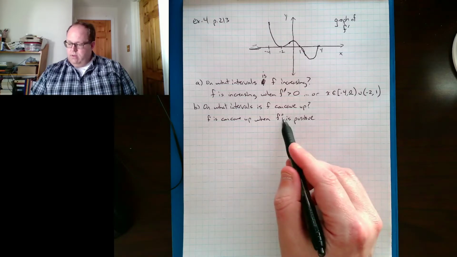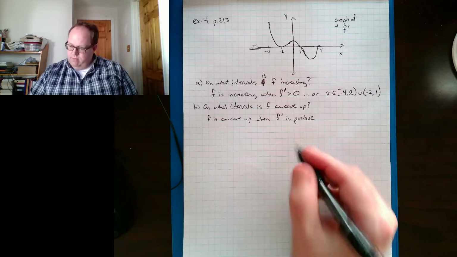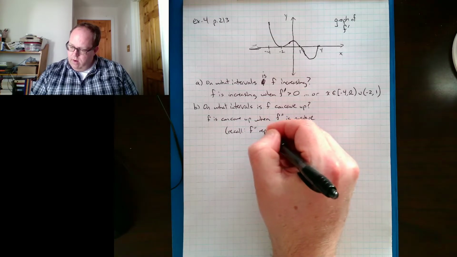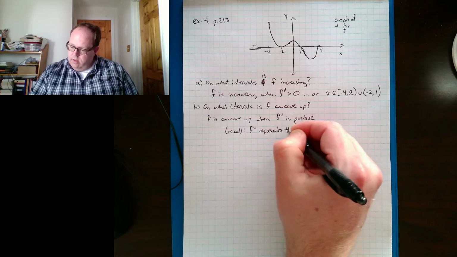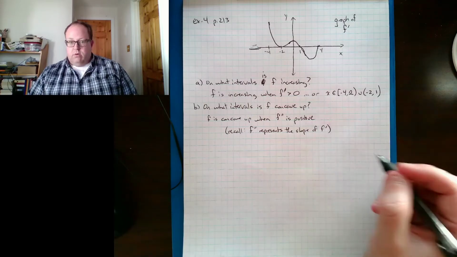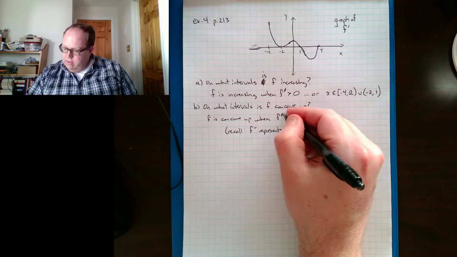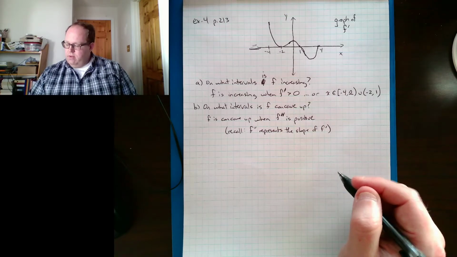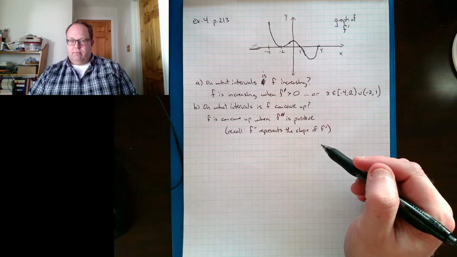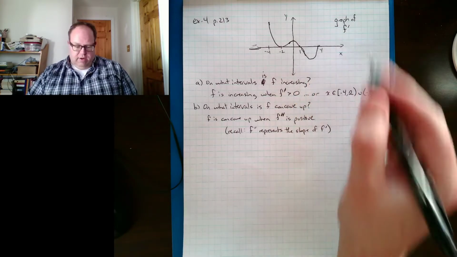So the second derivative would represent the slope of the first derivative. So then my question becomes, I want to make sure that's clearly a double derivative there, second derivative. So when does this thing have a positive slope? It has a positive slope between -2 and 0, and between 3 and 4.